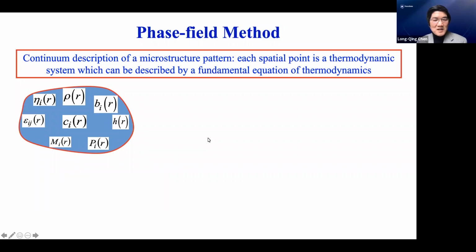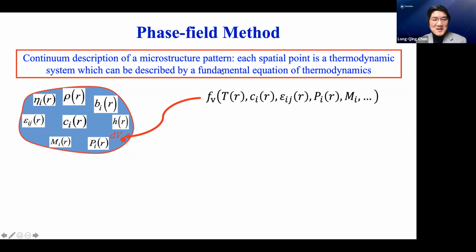any arbitrary microstructure. So each point, as I mentioned, the local free energy density can be a function of local thermodynamic parameters like temperature, the chemical composition, these field values, strain, polarization, magnetization.